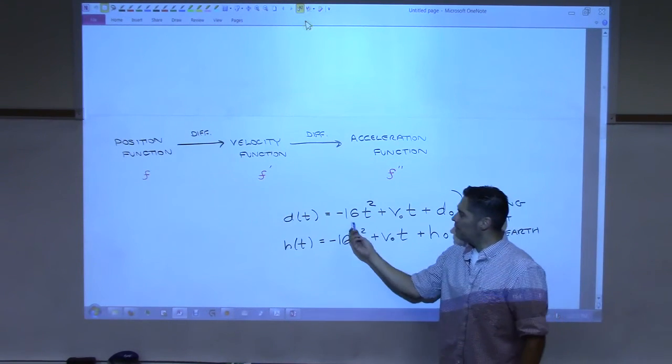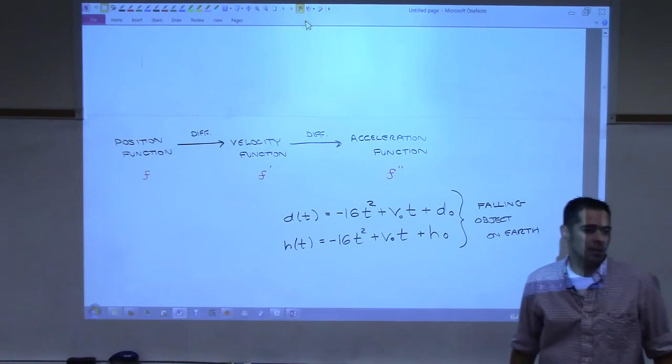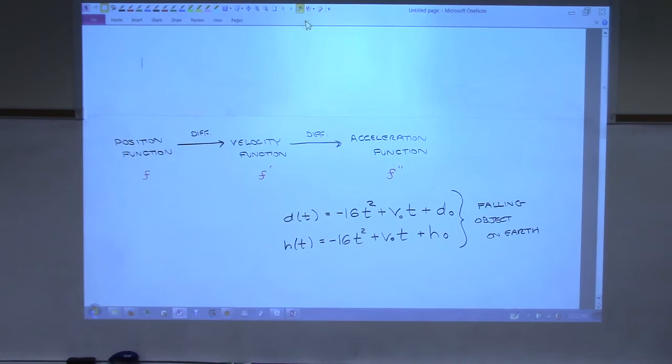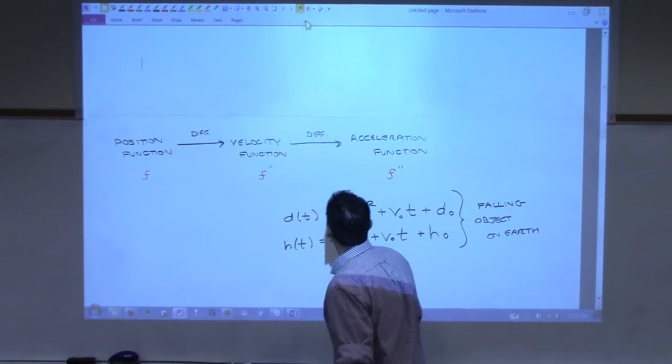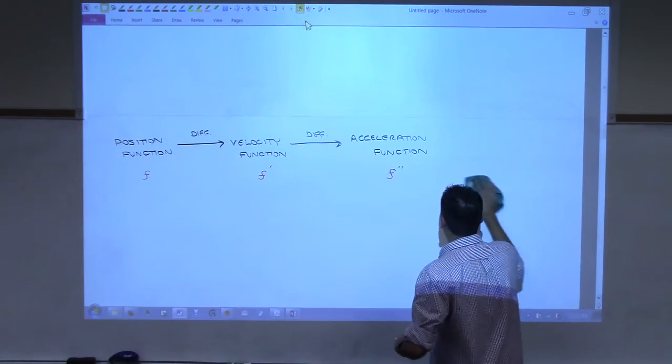This number right here actually comes from the fact that we're on Earth. And on Earth, there's something that's always going on: gravity, right? So let's see if we can figure this out. What is gravity?